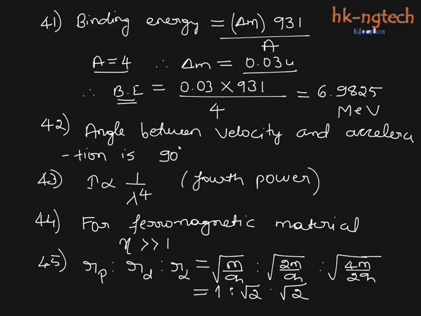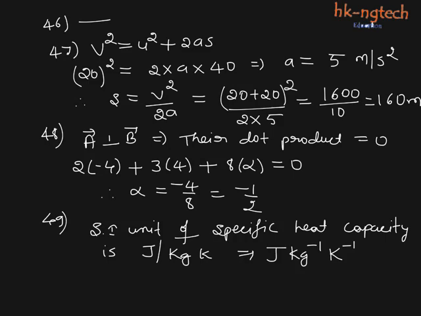So if I substitute and make the ratio, I will be left with the radius of the proton, radius of the deuteron, and radius of the alpha particle as 1 is to square root of 2 is to square root of 2. That is the answer. Let's take 46th question.